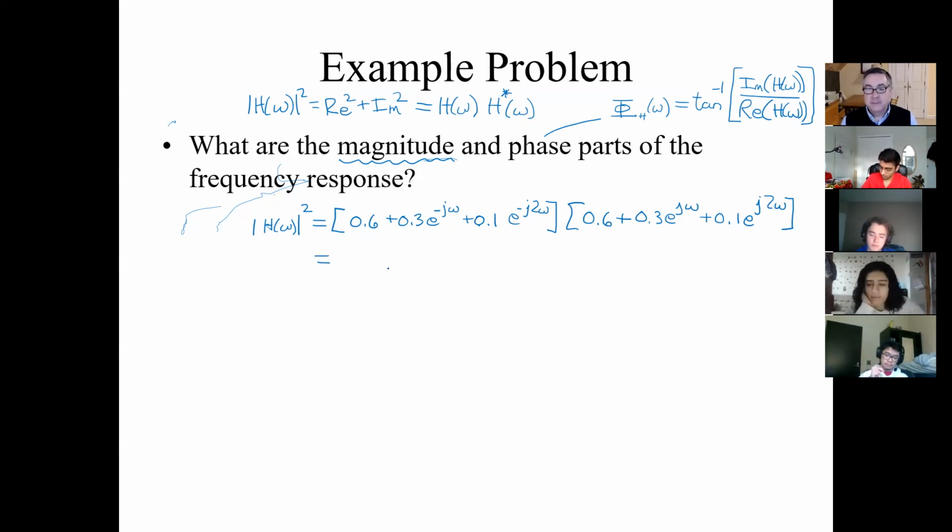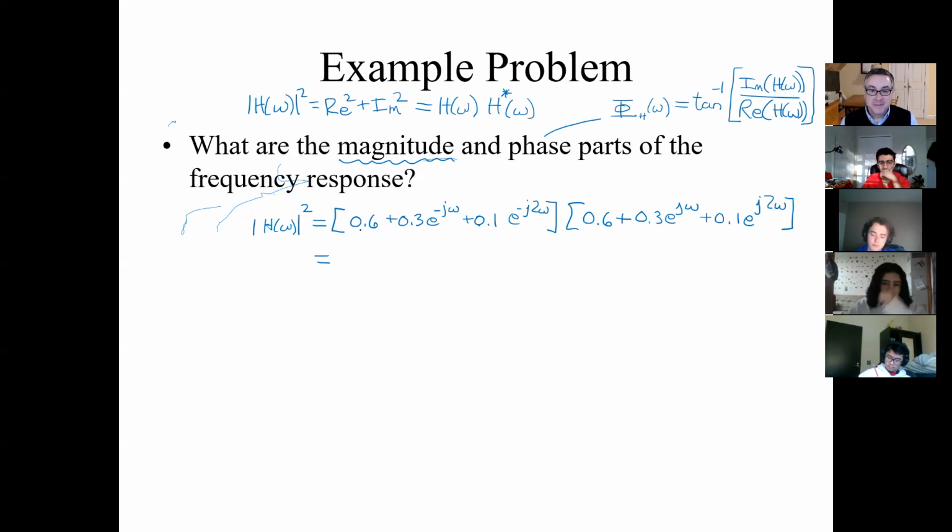Now it's a little painful, but we're going to have to multiply out all those terms. I will say, you won't have to do a lot of this, but you have to do it at least once to appreciate what's going on.